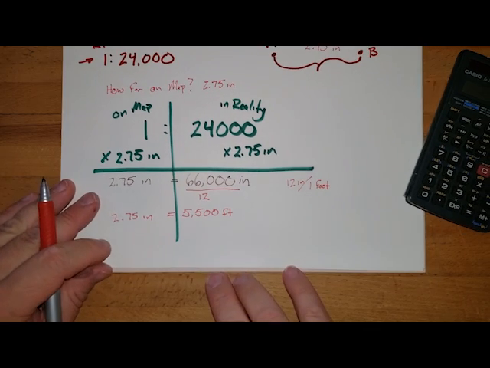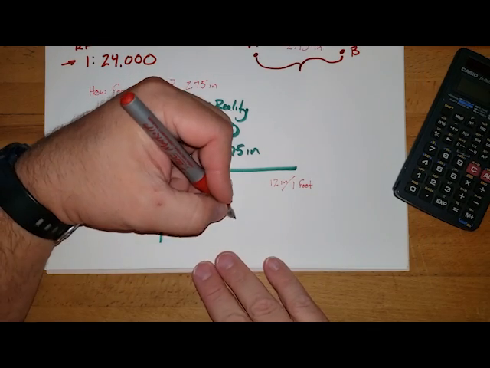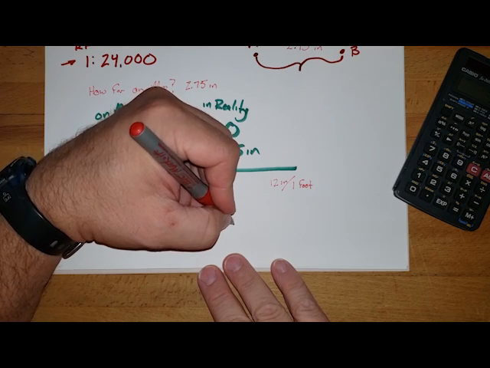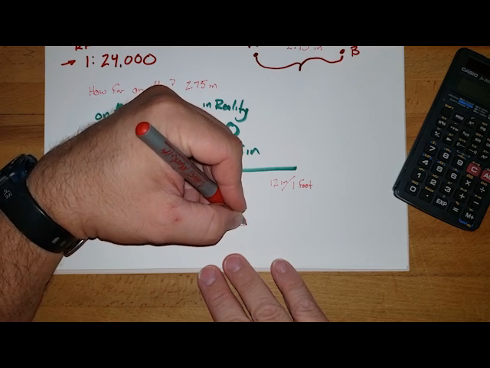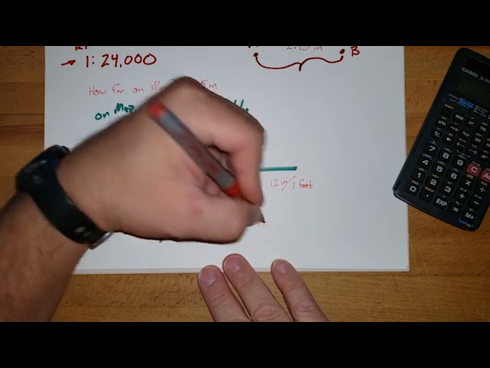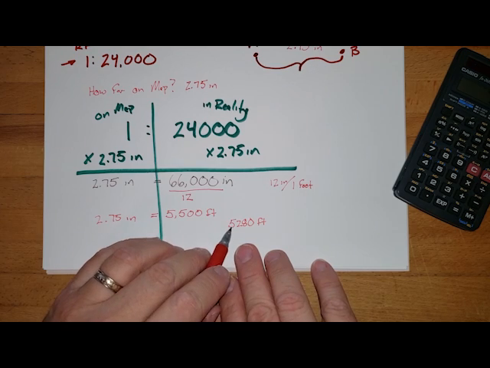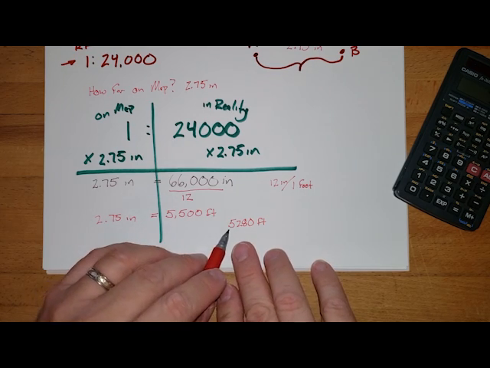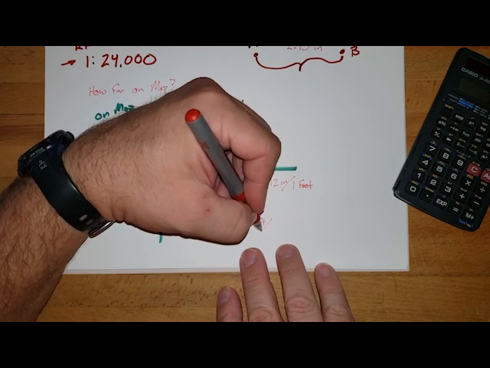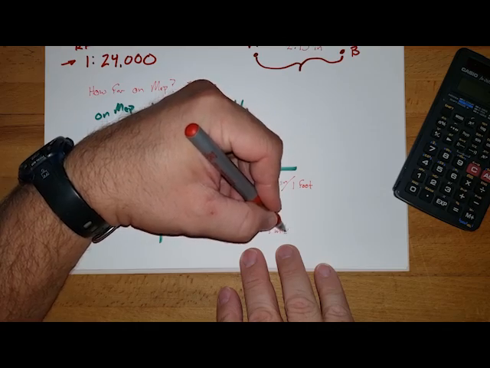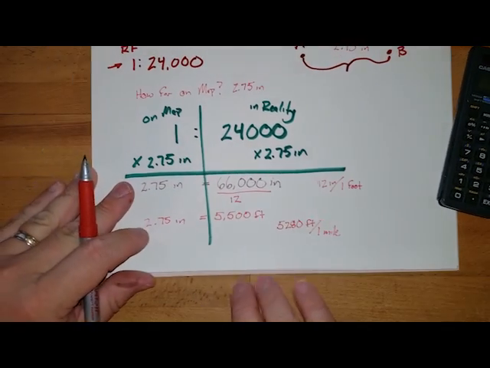Now, there's one other thing that I know. I know that there are 5,280 feet. How do you know that? Well, just because I've been working at it for a long time. Okay, 5,280 feet per 1 mile. So let's go ahead and convert this to miles as well.